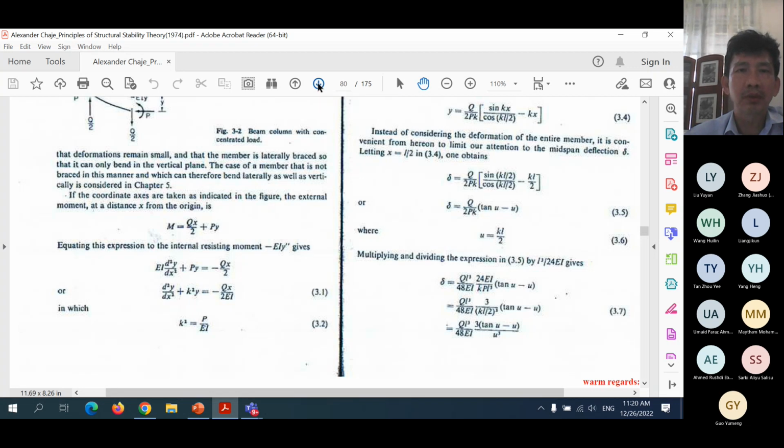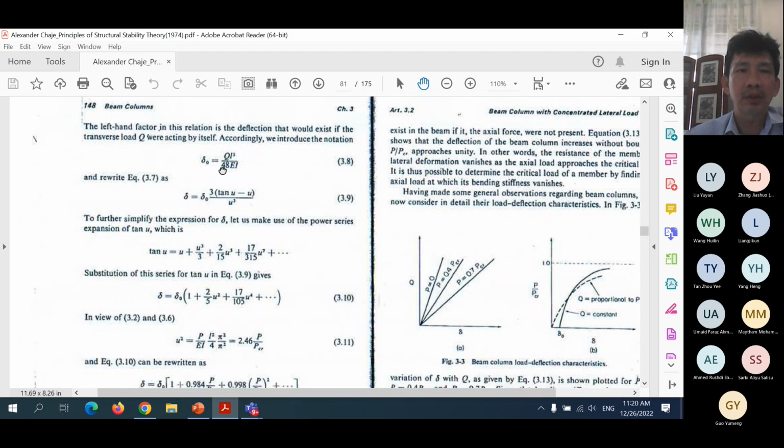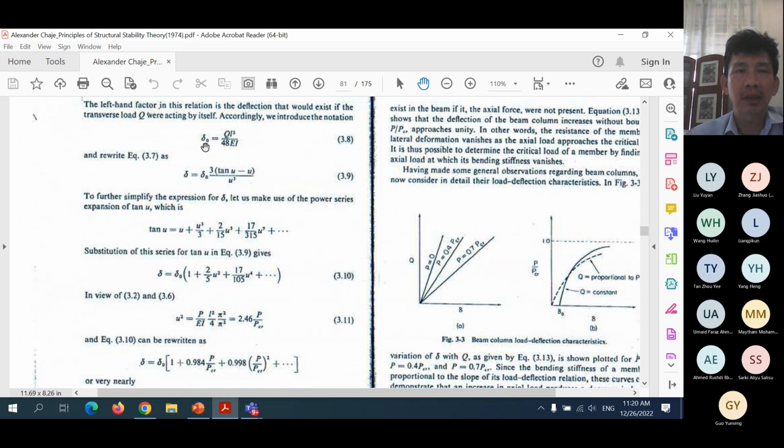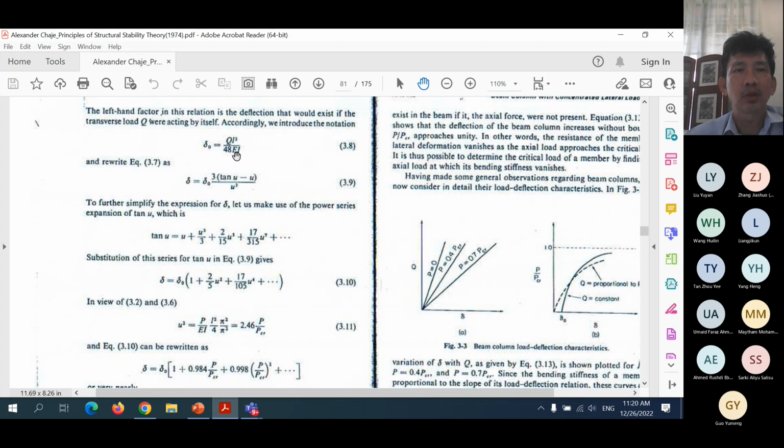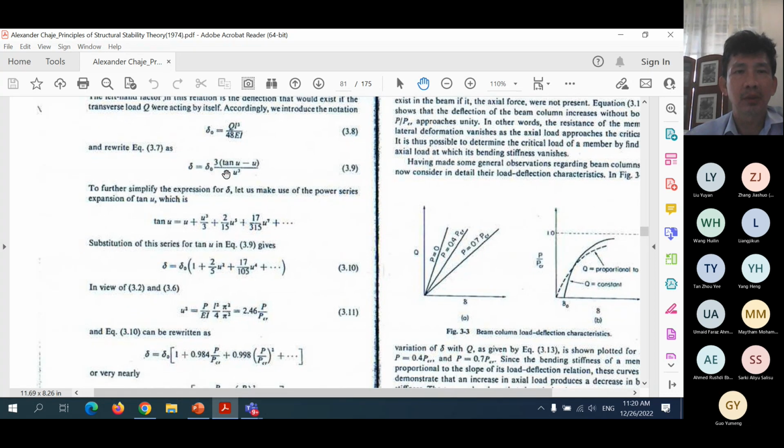So next, what do we do next? We use the symbol delta 0 to represent this, which is the deflection without P, with only Q acting. By using this to substitute, we get delta equal to this.